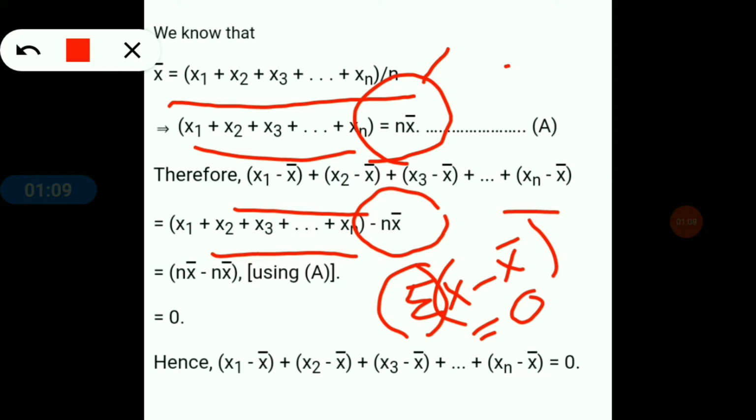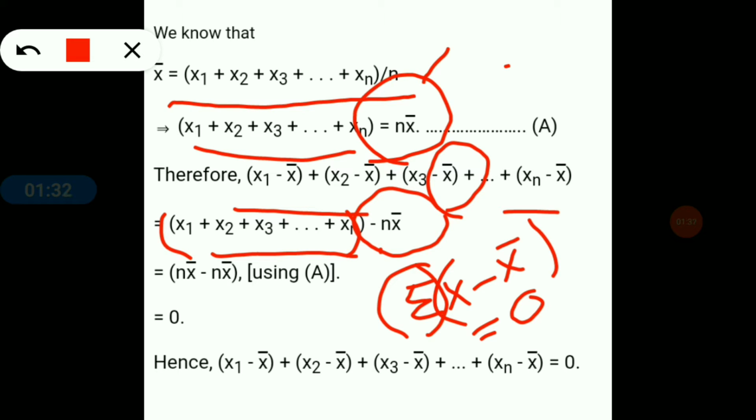So how can we write it here? So after writing this portion, the repeated value is x bar only. And how many times of x bar are there in the previous equation? That is n times. So that means n into x bar.